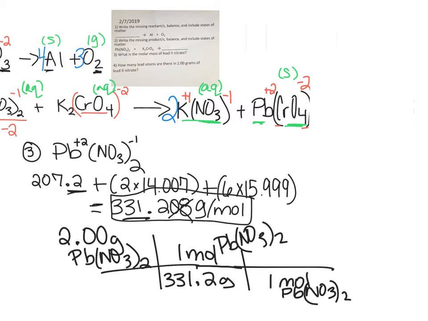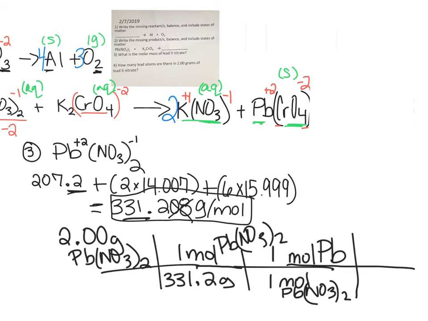So what you can do now is we're going to figure out how many leads there are in that little formula unit. So looking at that formula, how many leads are present? Don't overthink this, you guys. How many Pbs do you see? 1. So it is a 1-to-1 ratio that you have to do. If I wanted to do oxygen atoms, what would that ratio have been?